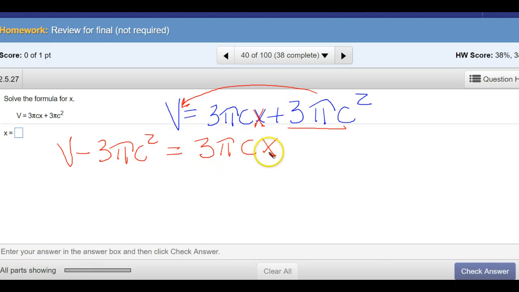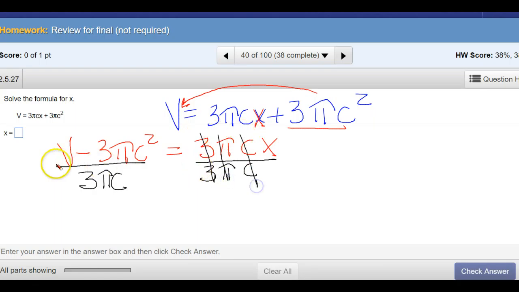Now to isolate the x, these are all factors. We want to divide everything by what is with the x. So we divide the 3's out, the pi out, and the c out. Do the same thing to the other side. These all cancel out, and there's our answer.